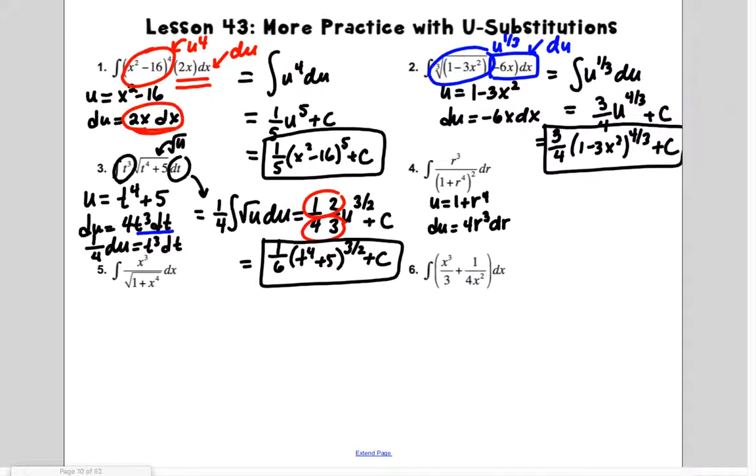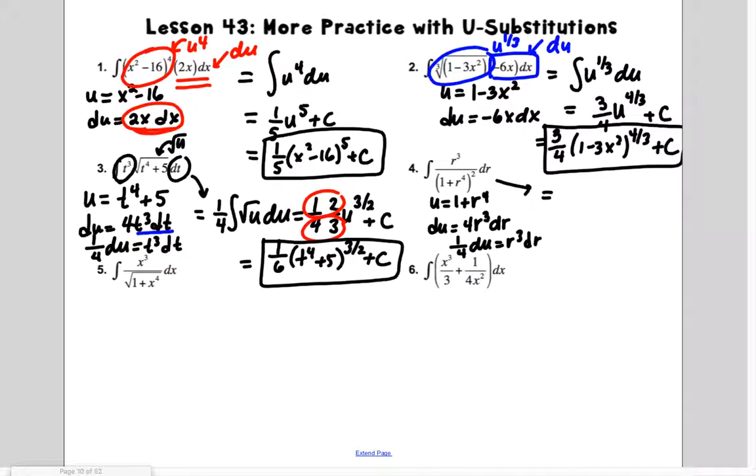The derivative of 1 plus r to the 4th is 4r cubed dr. We don't want that 4 because the 4 wasn't in the integral. If there was a 4r cubed, you would leave it there, but I would just go ahead and divide by 4. So I have 1/4 du is going to replace r cubed dr.